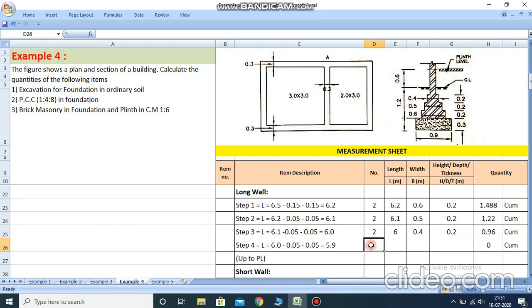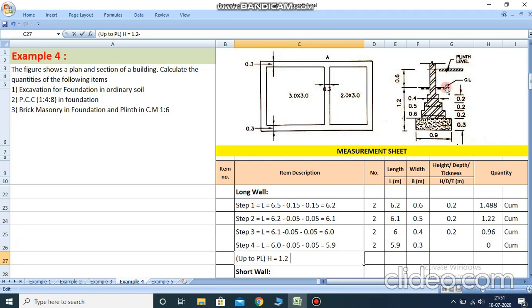So here the total number of long walls is 2, the length we calculated is 5.9, and the width is given in the figure, so it's 0.3, so write here 0.3. And the height is given, so here we calculated the height h is equal to 1.2 minus 0.3 minus 0.2 minus 0.2 minus 0.2.